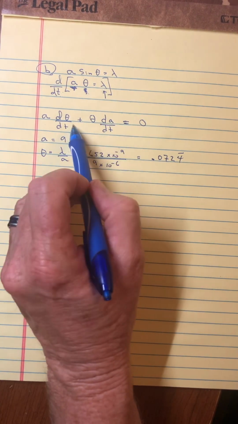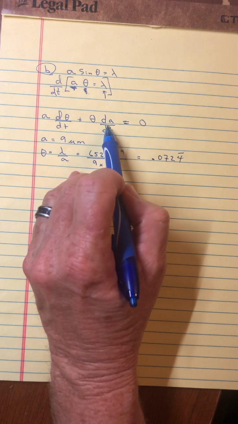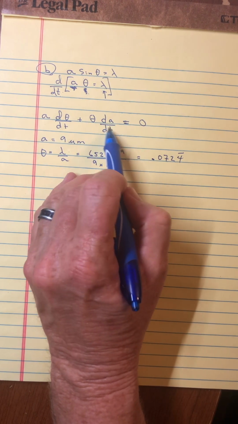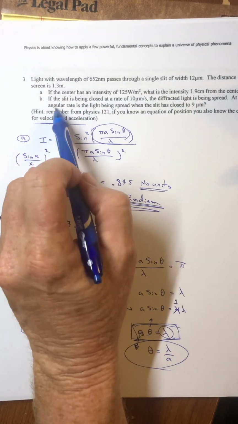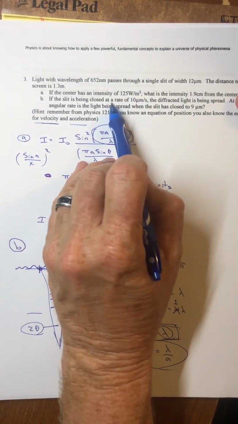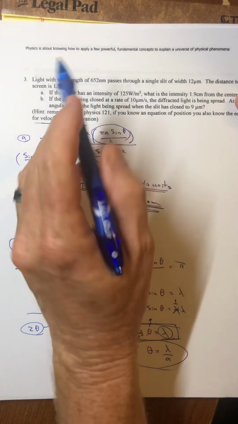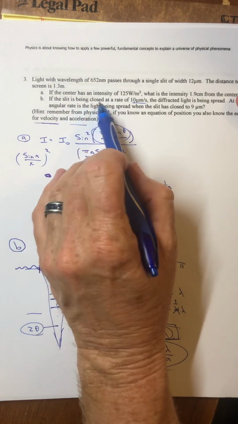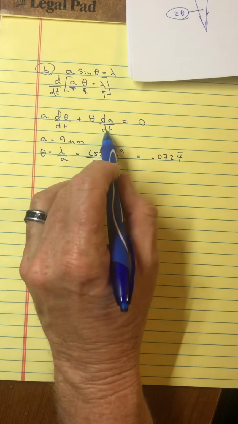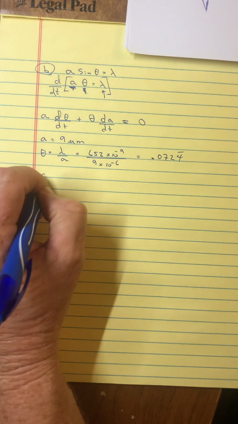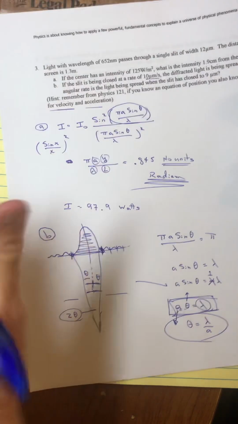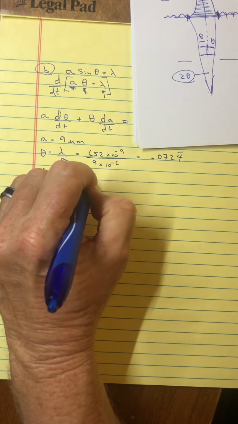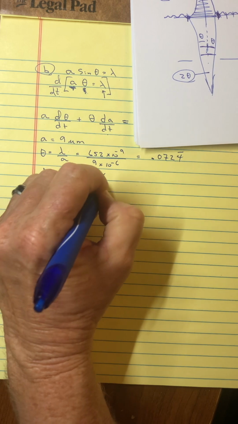Now, these other two, this one right here says, how does a change with time? Well, that is really what this phrase means. The slit is closing. This is the rate at which it is changing. And so just changing these words to an equation, that's what those words say. So my da/dt is 10 micrometers per second.